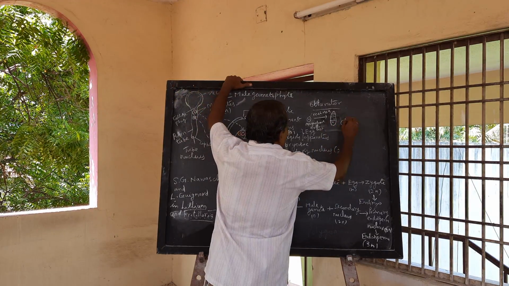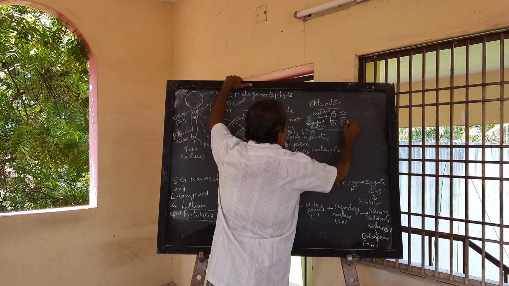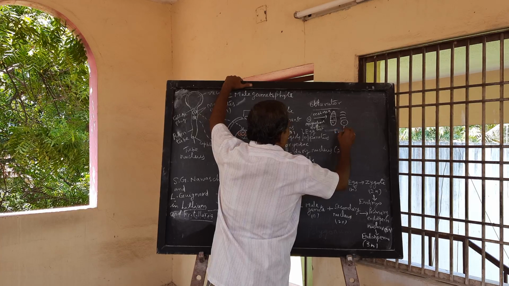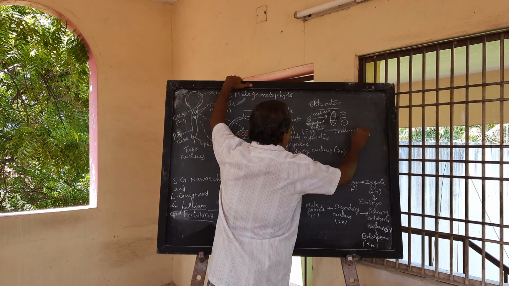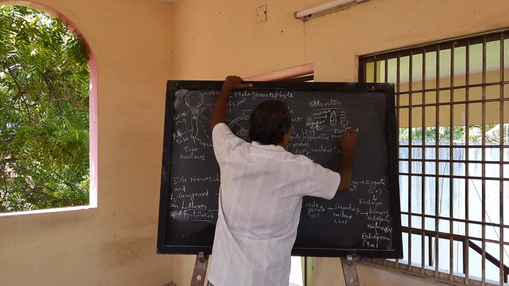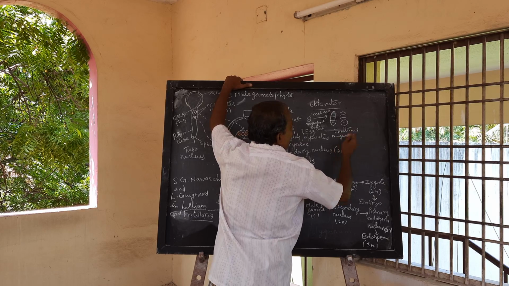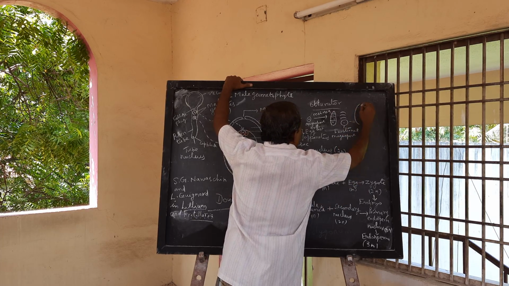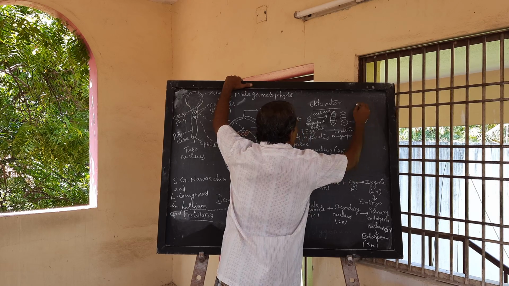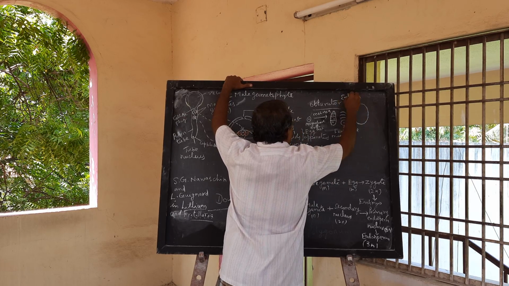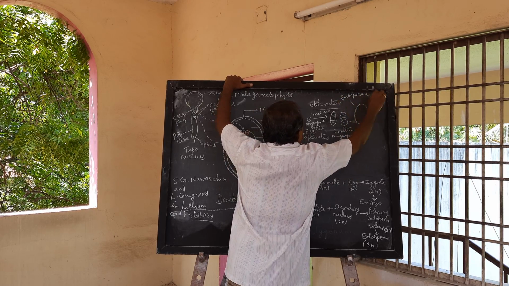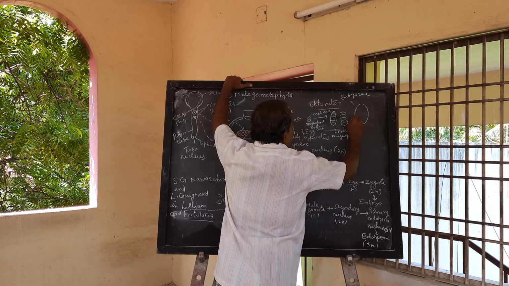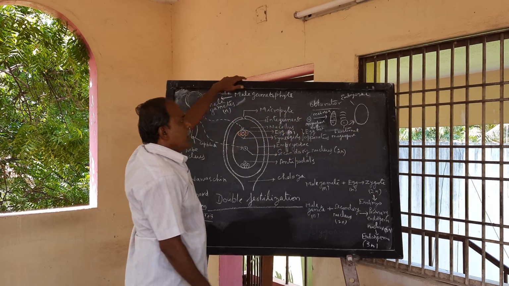Three megaspores degenerate and one megaspore is functional. The functional megaspore gives rise to the female gametophyte, that is, the embryo sac.